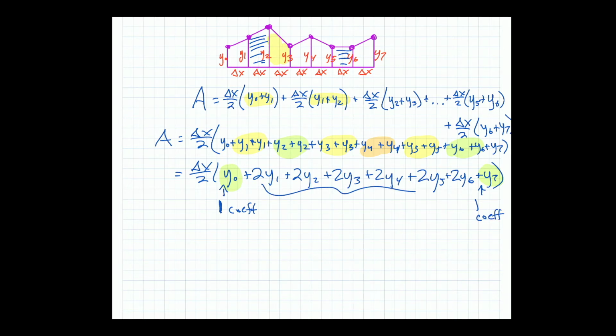But then all the middle ones have a coefficient of 2. And that's what happens because each y value is the height on 2 different trapezoids, and so they end up with a coefficient of 2 when you multiply it out. So that's what happens.